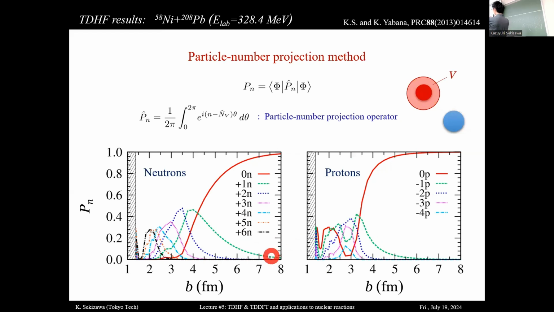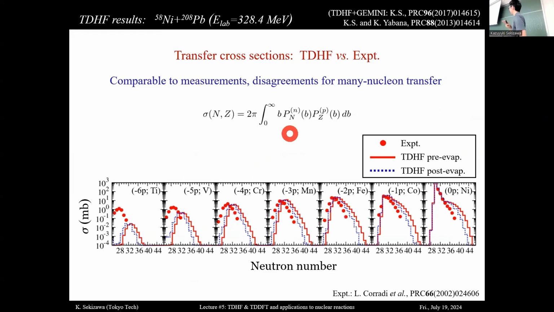And when two nuclei collide, nucleons start to exchange actively, and you can see two nucleon transfer probabilities and 3, 4, 5, 6, and so on at small impact parameters. And then you can integrate.